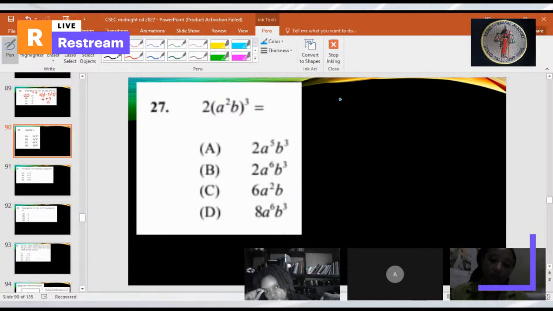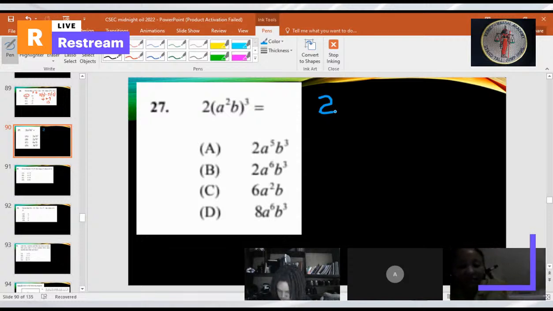I'm going to first use the distributive law. So it would be 2a squared b, and then I'm going to cube them.